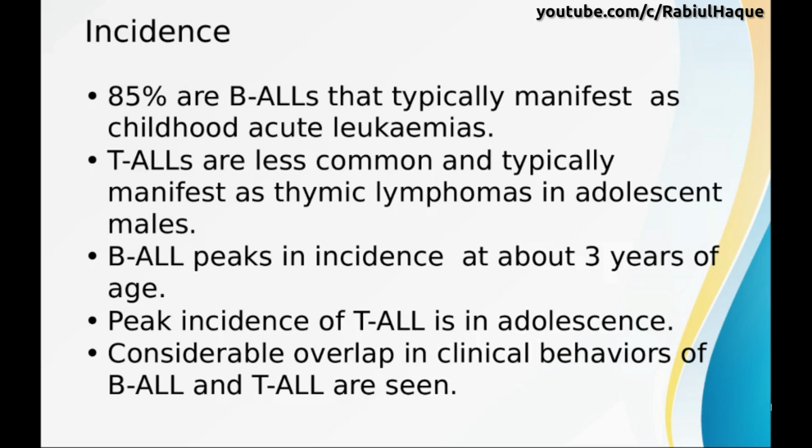The peak incidence for B-cell is at about 3 years of age, and peak incidence of T-cell is in adolescence. However, as we will see, considerable overlap in the clinical behaviors of these two types is seen.